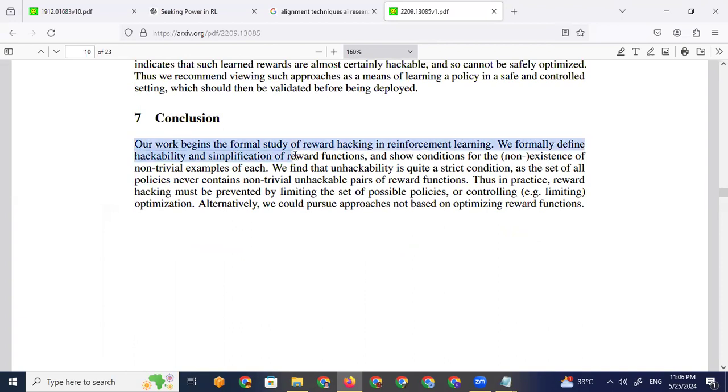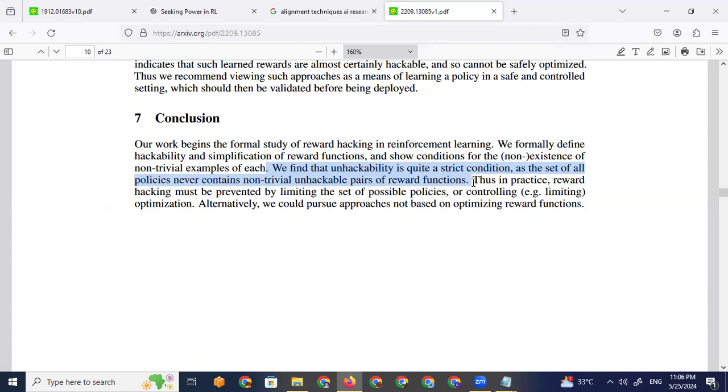So our work begins the formal study of reward hacking for reinforcement learning. We formally define hackability and simplification of reward functions and show conditions for the non-existence of non-trivial examples of this. We find that unhackability is quite a strict condition, as the set of all policies never contains non-trivial unhackable pairs of reward functions. Thus, in practice, reward hacking must be prevented by limiting the set of possible policies or limiting or controlling optimization.